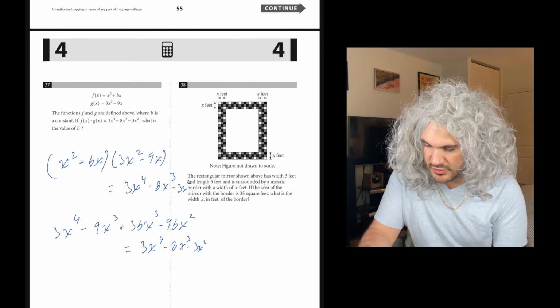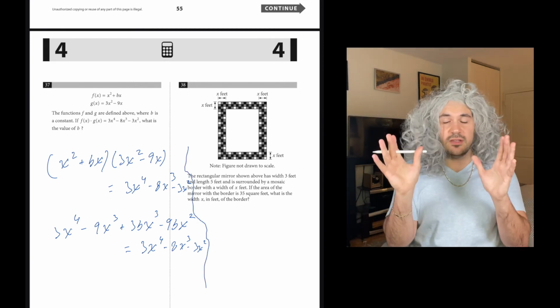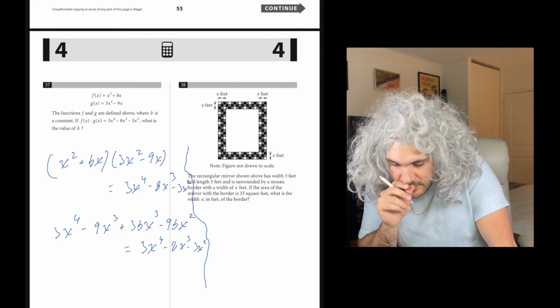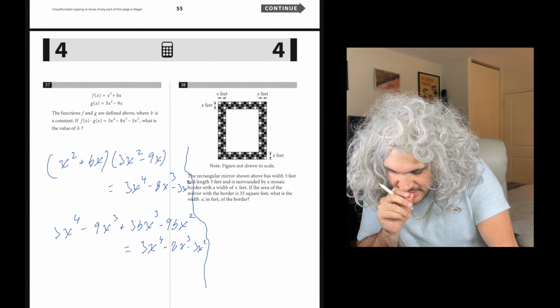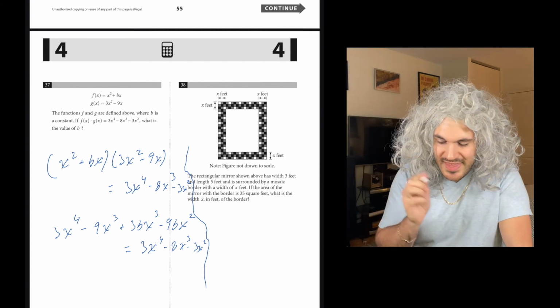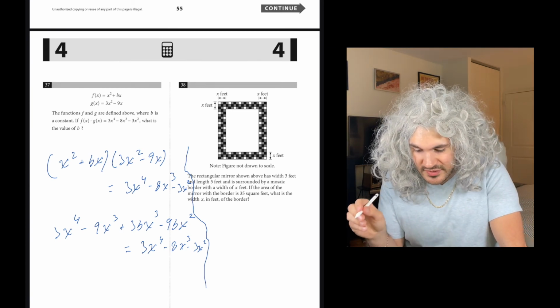I'm going to try not to get too much into this question. So the two sides are equal, right? So the number of terms on each side has to be the same. On the left side, we have a negative 9bx squared. On the right side, we have a minus 3x squared.